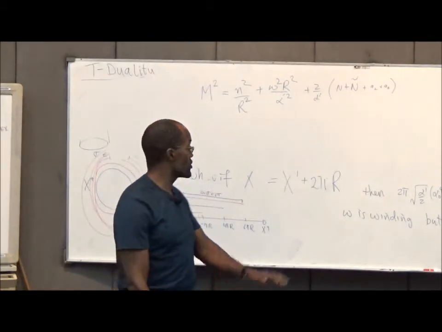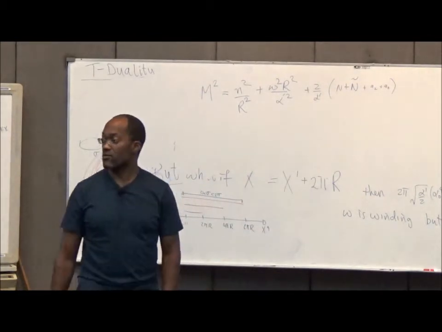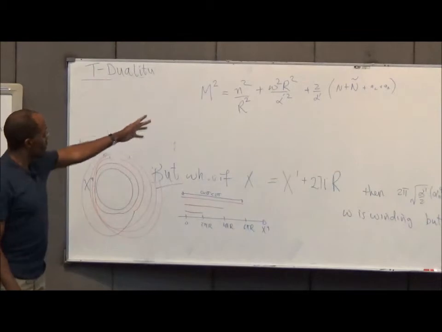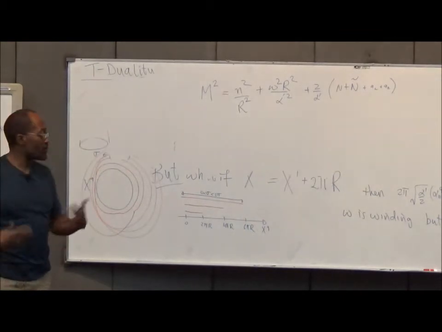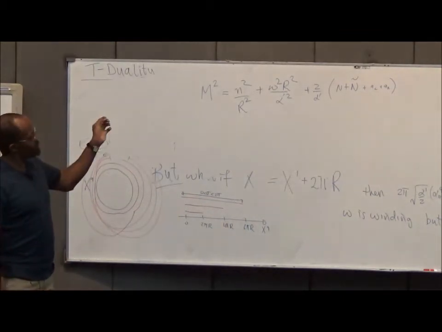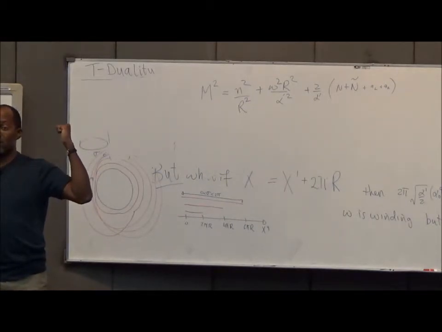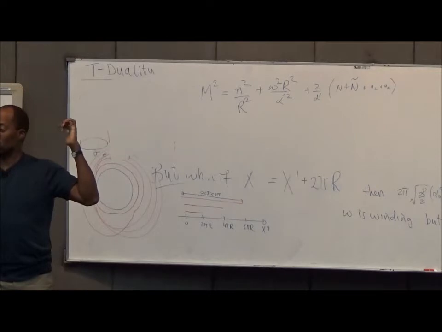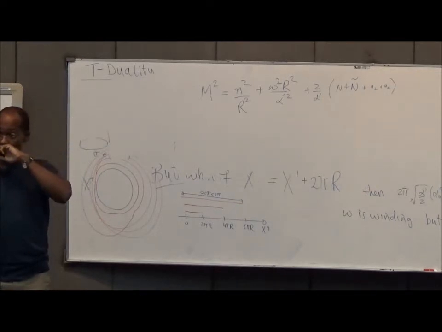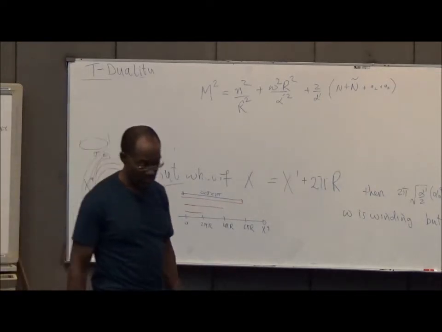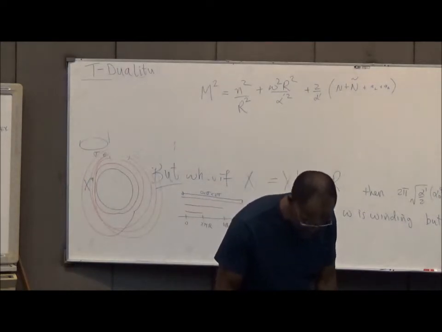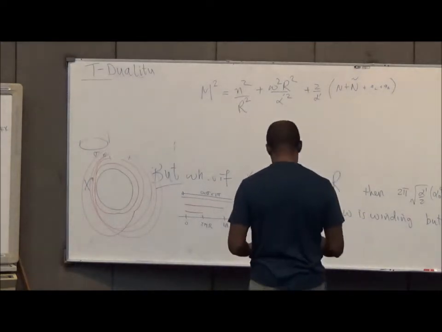Right? So that's the intuition for why they behave that way with R. Again, then n and omega are integers telling me how many units of momentum, how many units of winding. Any questions about that? Because we're now going to notice something very interesting about this spectrum. So let me take some limits.